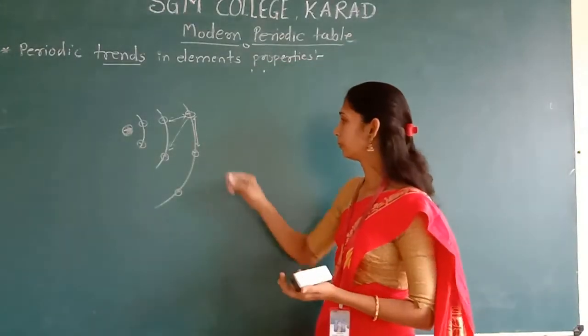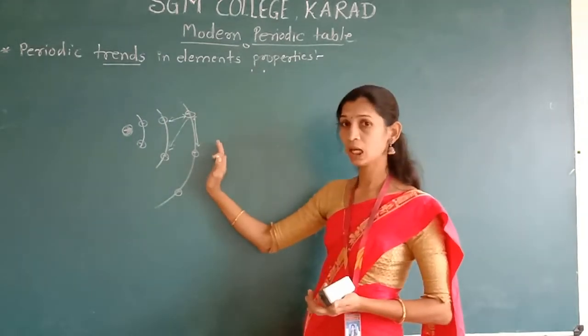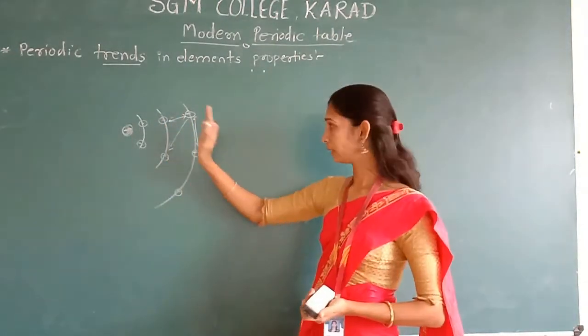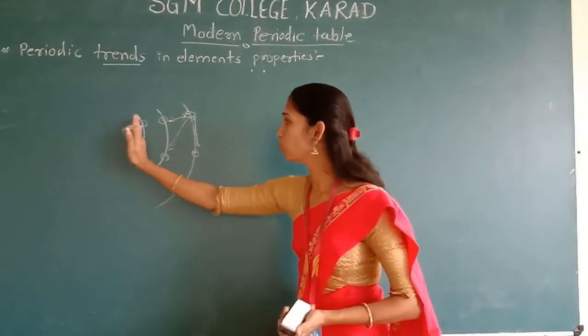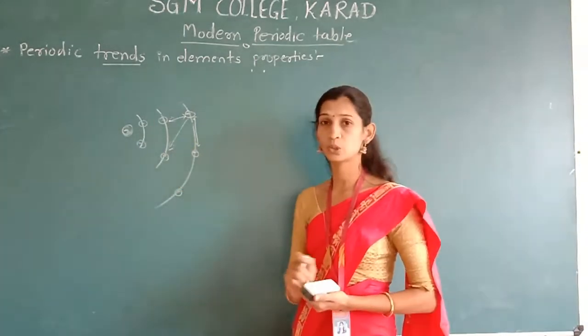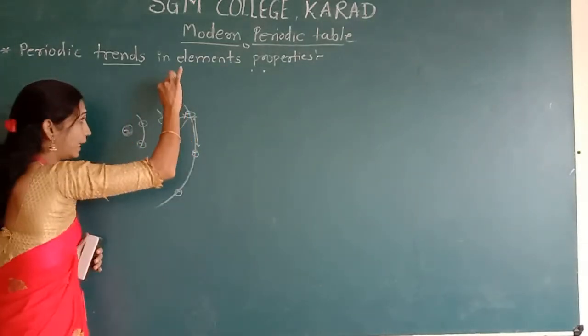Now see here, the electrons present in the outermost shell will be attracted towards the positive charge. The inner orbit also attracts towards the nucleus, towards the positive charge. But see here what happened. The second orbit.